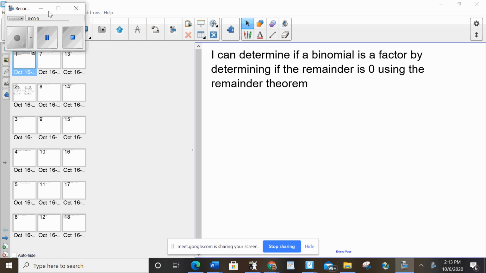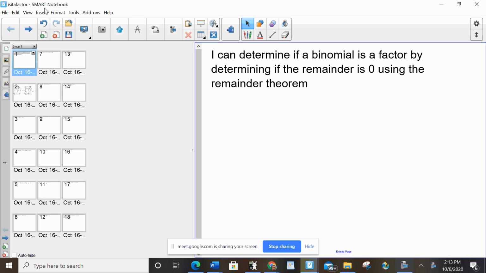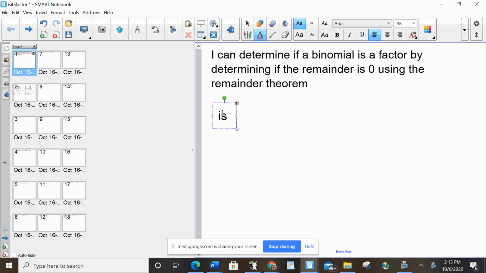All right, so today I can determine if a binomial is a factor by determining if the remainder is zero using the remainder theorem. So let's talk about what it means if something is a factor. Let's say I want to ask you, is 5 a factor of 10? Well, the answer to that is yes, because 5 goes in evenly.